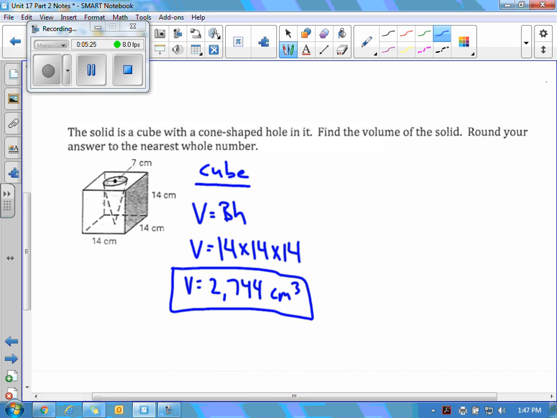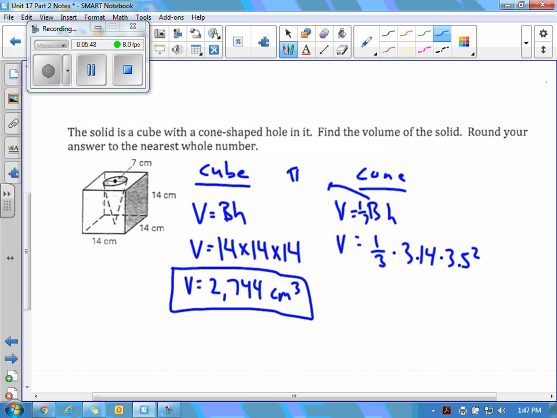Then we also need the volume of the cone. So again, volume equals the area of the base times the height. Our base is a circle, so I'm going to do 1/3 base times height. So that'd be 1/3 times 3.14 times 3.5 squared, because our base here is pi r squared.